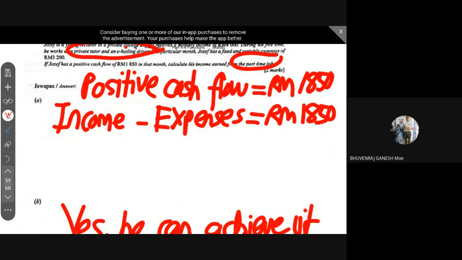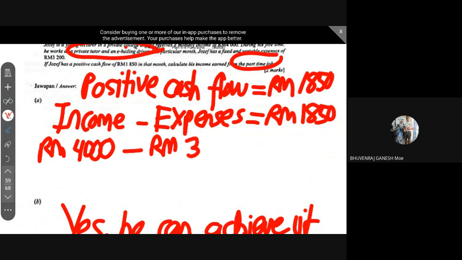Okay, so this one, income is one now. We see 4,000, right? So RM 4,000 minus the expenses, RM 3,200. Wait, I need another variable also. Cannot minus that, right? Okay, so first of all, you need to put an unknown in this equation.